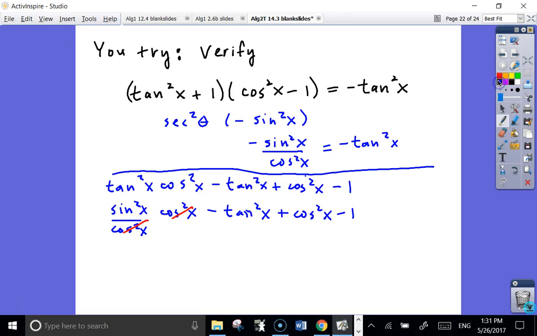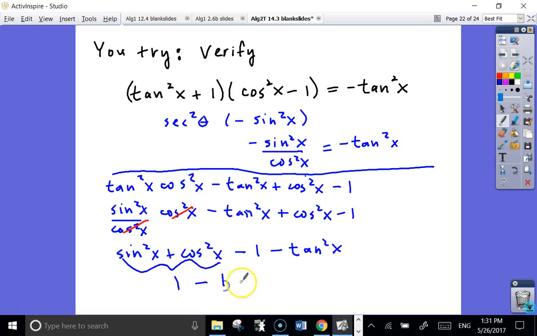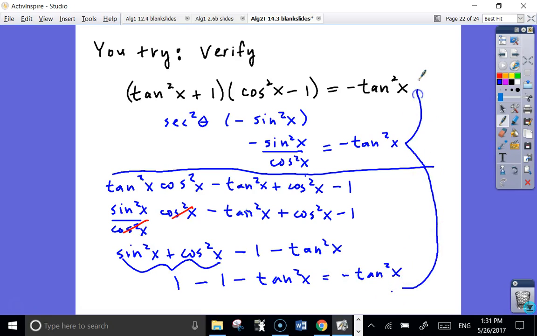And now if I put it in order, I've got a sine squared from the first term, a cosine squared from over here, minus 1 minus tan squared. But I know that these 2 together add up to 1. So that's 1 minus 1 minus tan squared, which equals negative tan squared. So either way, you end up getting the same thing.